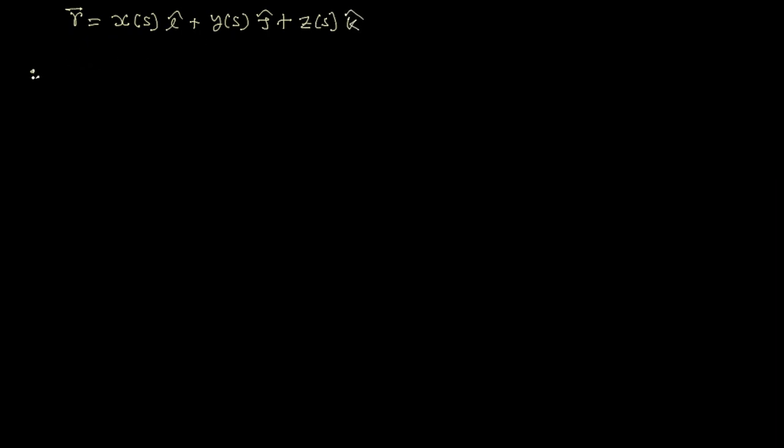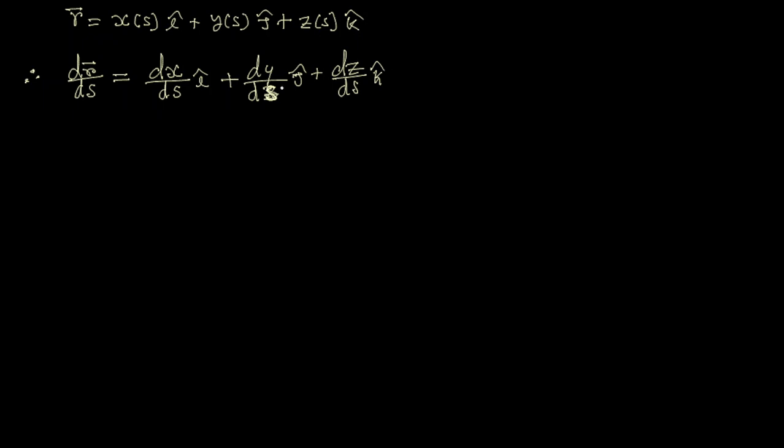So therefore, this dr by ds can be written as dx divided by ds i cap, dy divided by ds j cap, plus dz divided by ds k cap. So this is the tangent to this curve at any point.